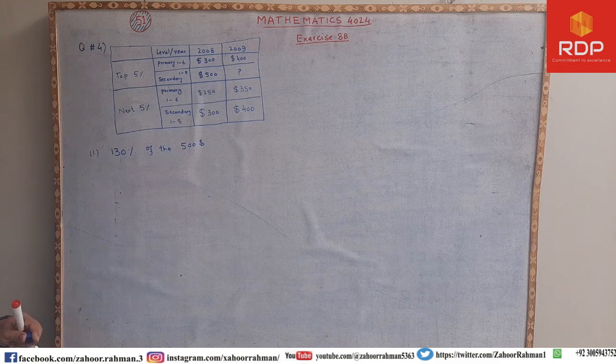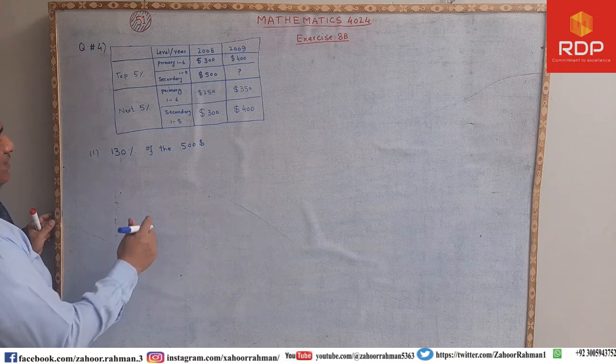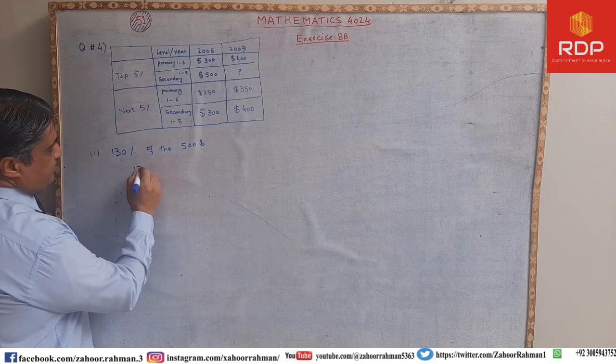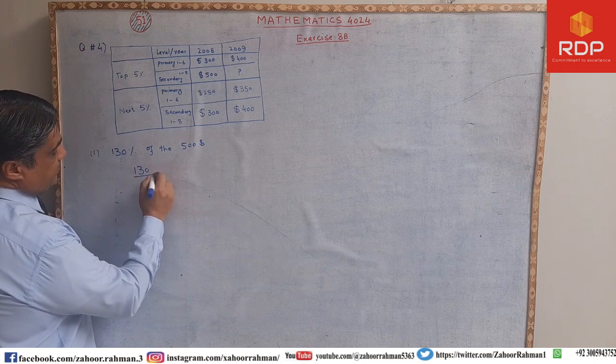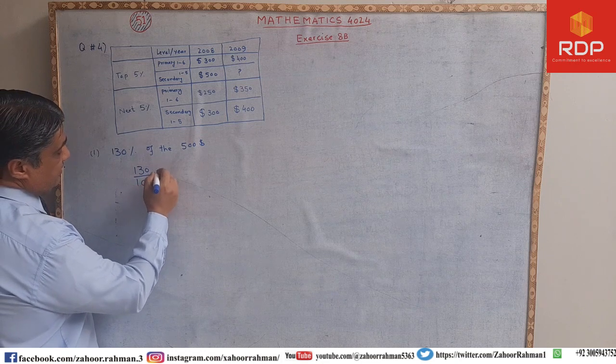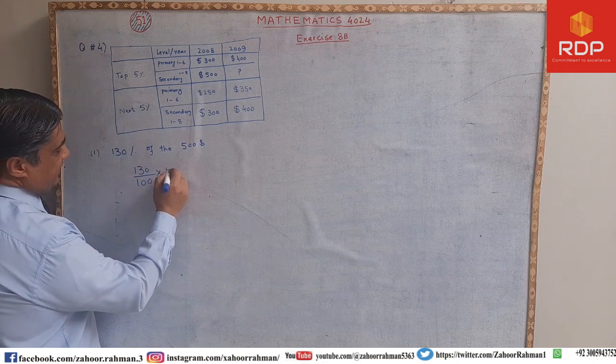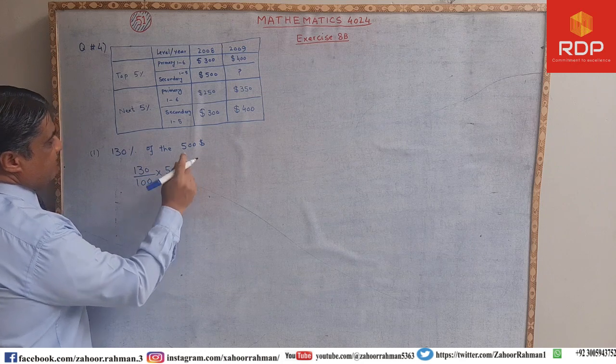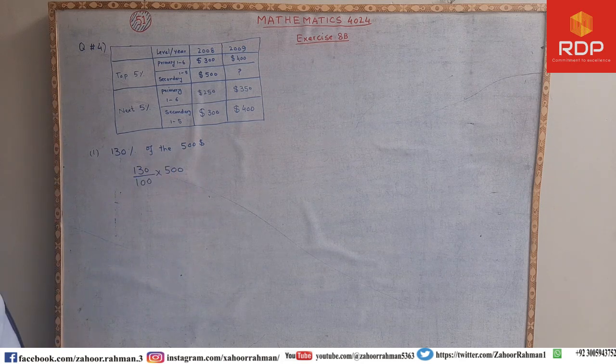In the last lecture I told you that if there is increase you have to add it to the 100, and if it is decrease then you have to subtract it from the 100. So 130% means 130 divided by 100, and there is $500.